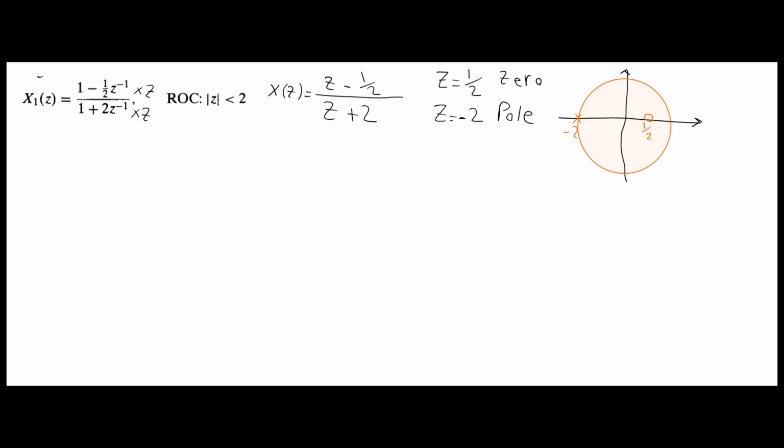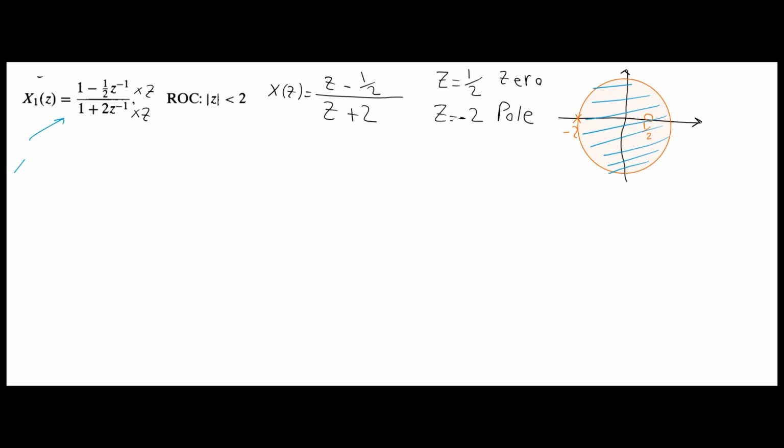Therefore, the ROC is the entire region inside the circle of radius 2 centered at the origin. This completes the pole zero plot.